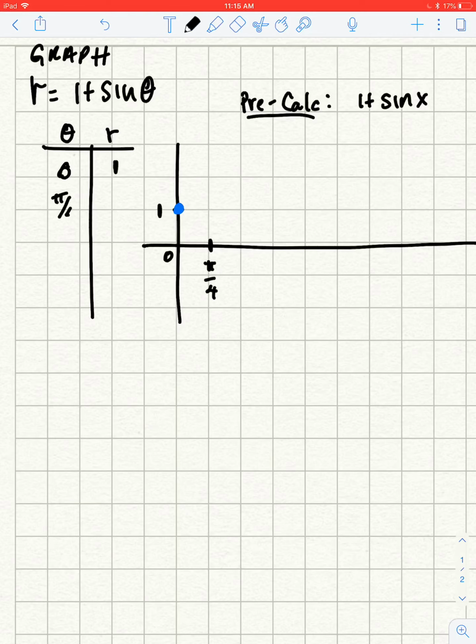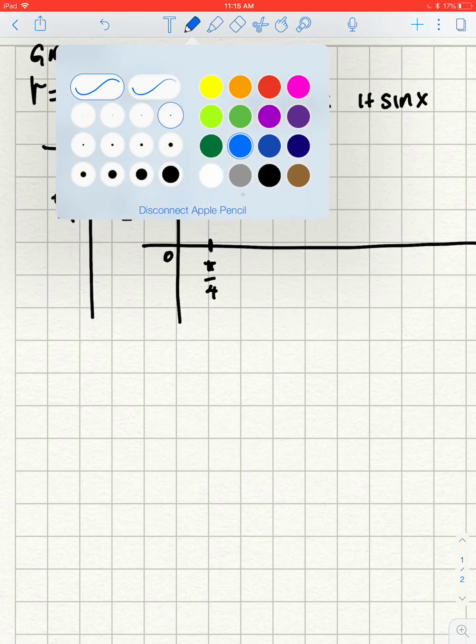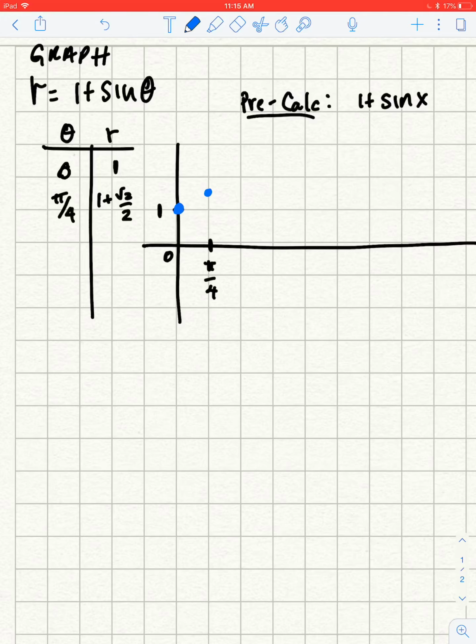We plug in pi over 4, okay, we're going to get 1 plus root 2 over 2. If we plug in pi over 2, we'll get 2.